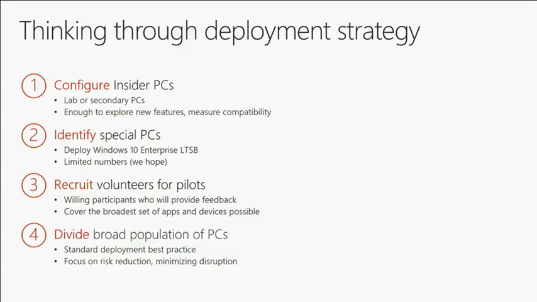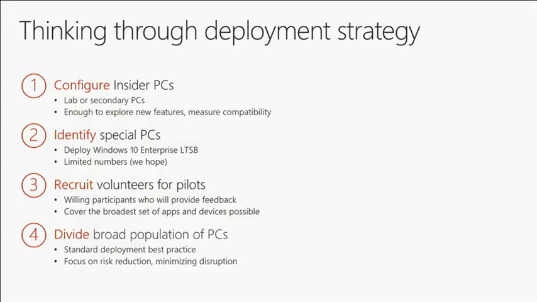The third step is recruit volunteers who will test new Windows builds before you actually deploy them en masse. Now, it's really important you choose the right users, because you don't want people doing your pilots who are going to escalate as soon as there's a problem. You actually want people who are doing pilots in your organization that will report issues as and when they find them.